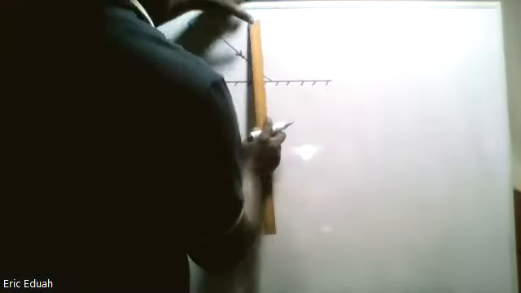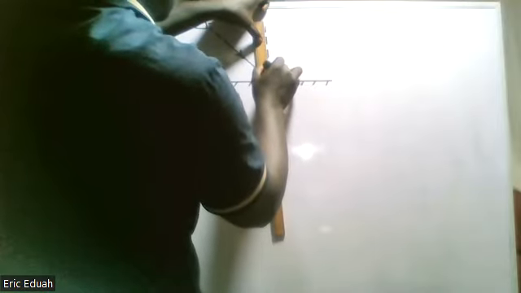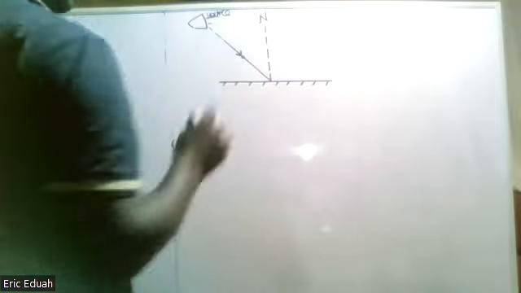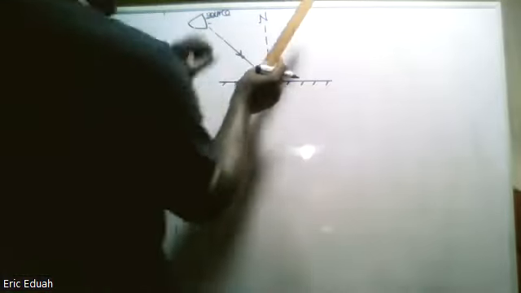So let's draw a normal to this mirror. The normal is N. There will be reflection, which will obey the law of reflection.